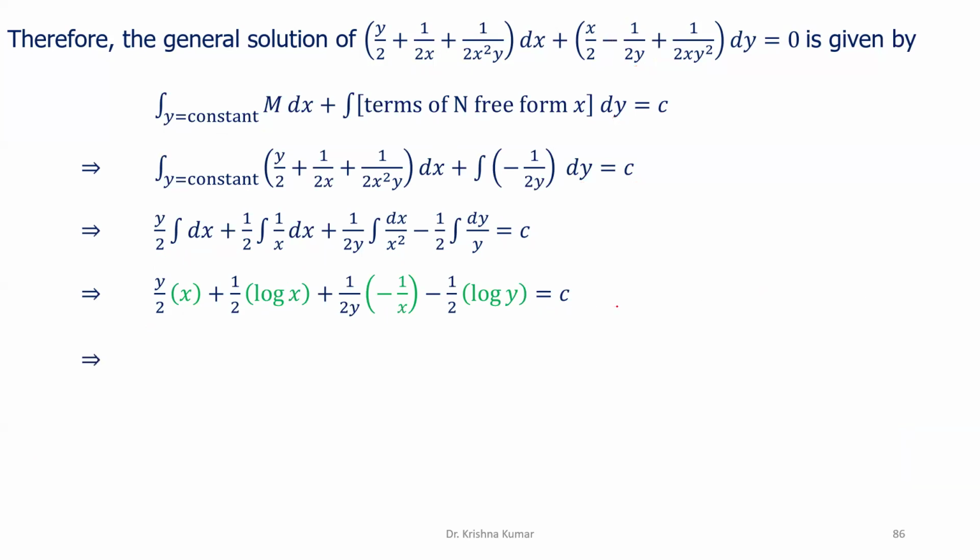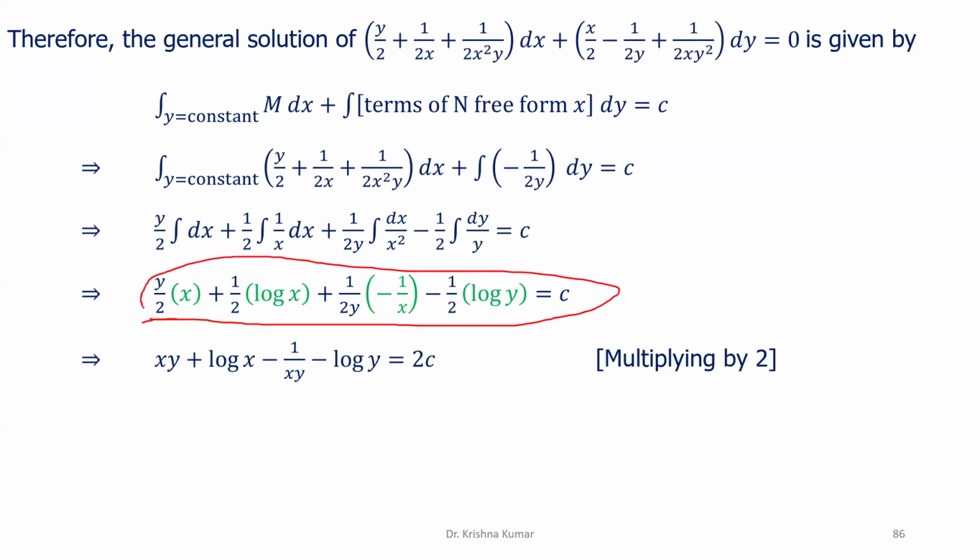If we simplify it, it is xy by 2 plus 1 upon 2 log x minus 1 upon 2xy minus 1 upon 2 log y equal to c. We first multiply the whole equation by 2. Then it is xy plus log x minus 1 upon xy minus log y, which is equal to 2c. And it can be written by multiplying the whole equation by xy.